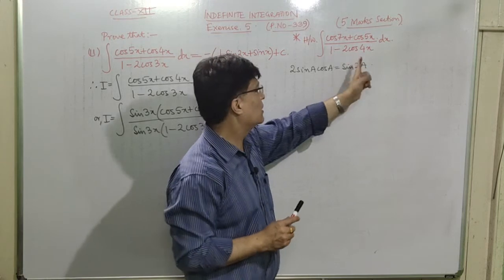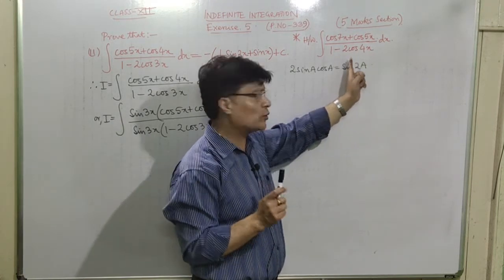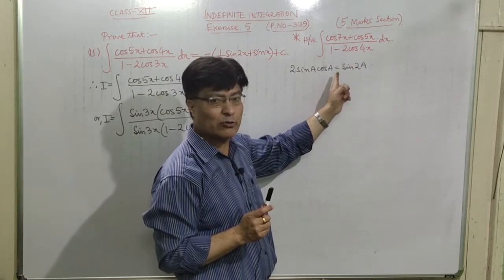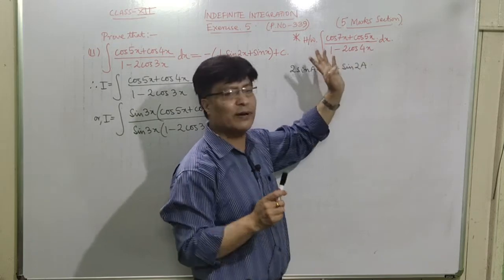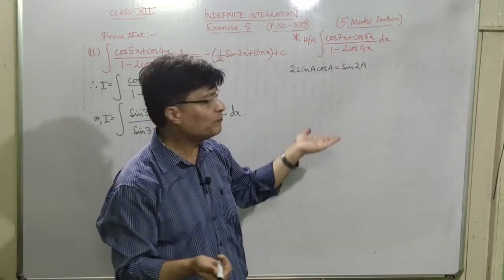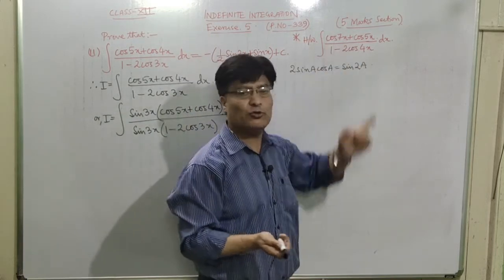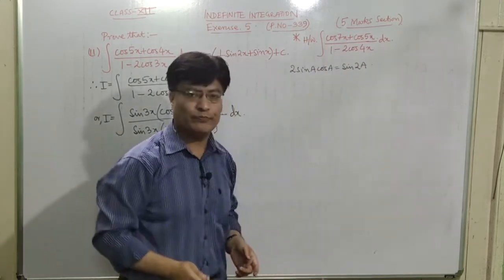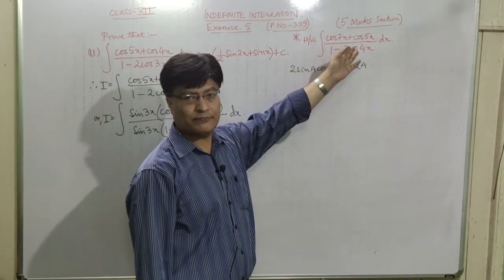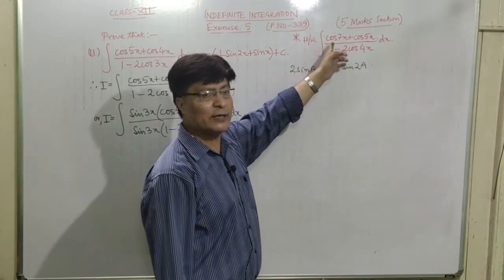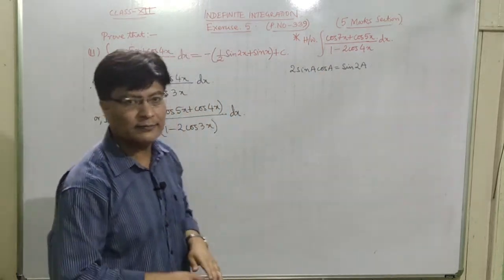This is your homework. Since there is 2 cos 4x, you should multiply it by sin 4x, so that you can use the same formula 2 sin a cos a out here. If you multiply cos 4x by sin 4x, you should multiply 1 by sin 4x again, okay. If you multiply the denominator by sin 4x, you have to multiply the numerator by sin 4x also, so that it will be cancelled and you will get the same fraction out here. So in this case, you have to multiply and divide by sin 4x, okay. So that is the method for doing this problem, right?